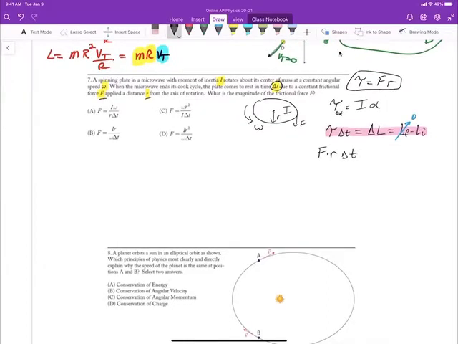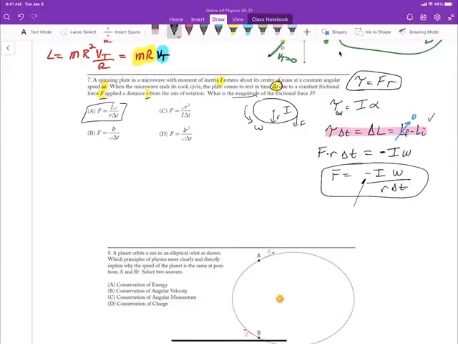Multiplied by the change in time, it's equal to negative angular momentum initial, which is the disk's moment of inertia times its initial angular speed, omega. I want to know force, so I can rearrange this equation for force, and that'll equal what I have shown. They asked for the magnitude, so I don't care about the negative. And here is my answer.